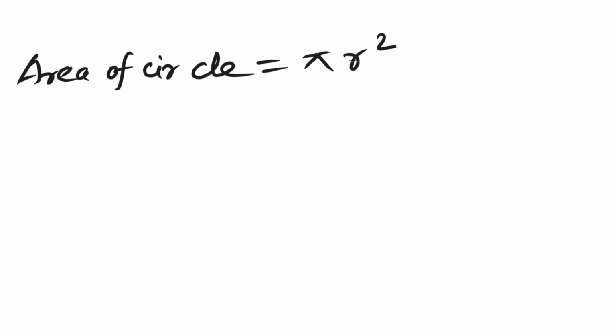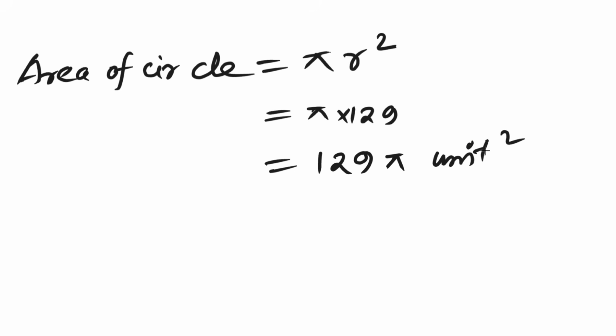We simply substitute 129 into the formula. Therefore, the area equals pi multiplied by 129. Rearranging that slightly, we can write the exact area as 129 pi square units. That is our exact answer.